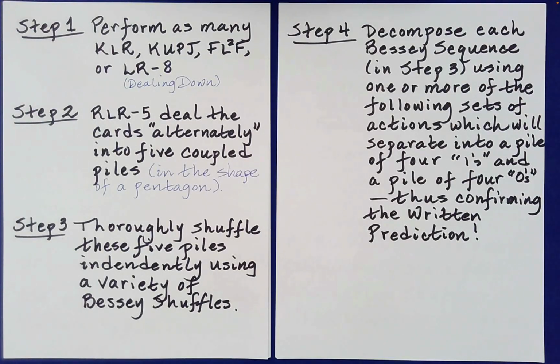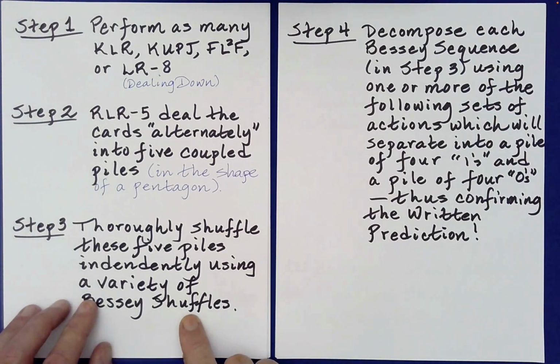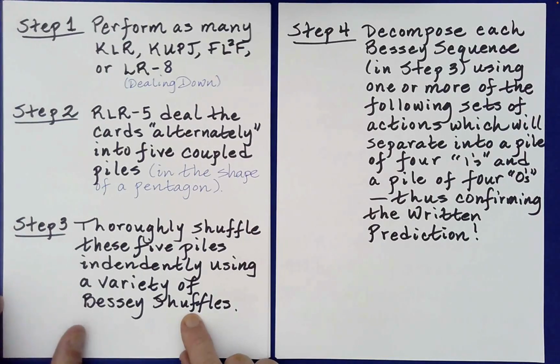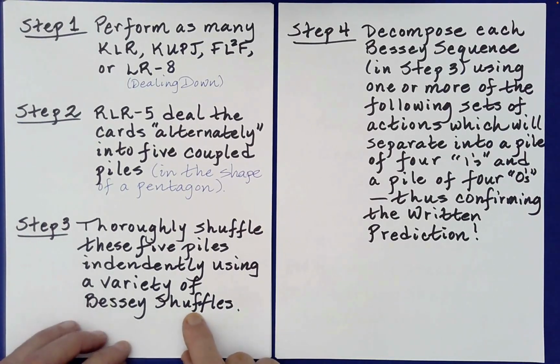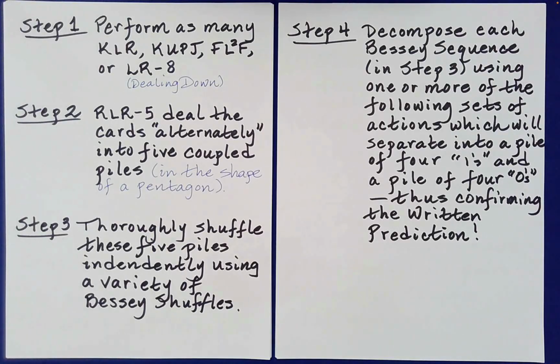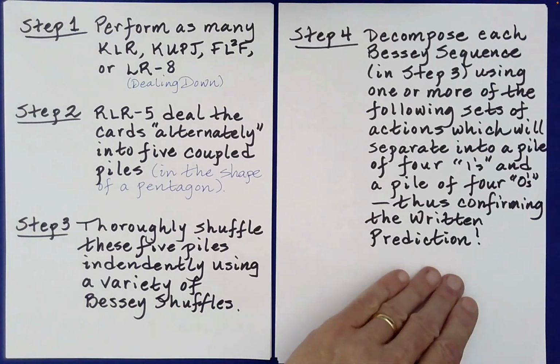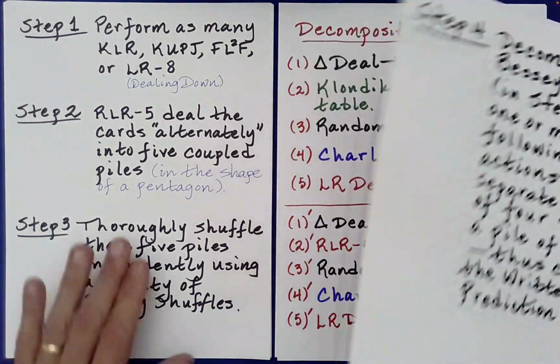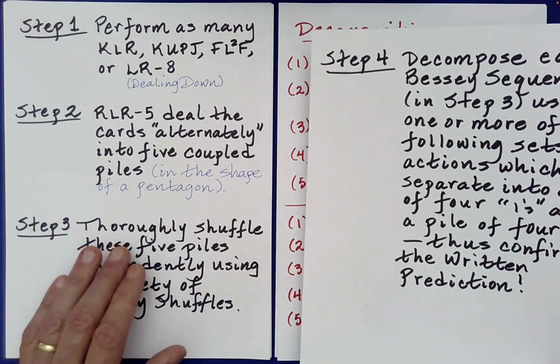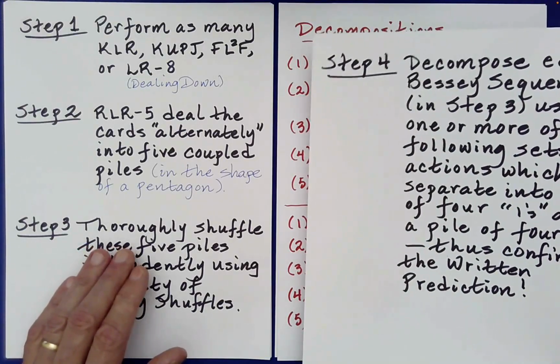And there's dozens of them that you can actually use. So you mix each of those independently, which is amazing that you can do that and not destroy any possible prediction being true. And then we decomposed each of them, because right now each pile is like a 1, 0, 0, 1, 0, 1, 1, 0. Okay.